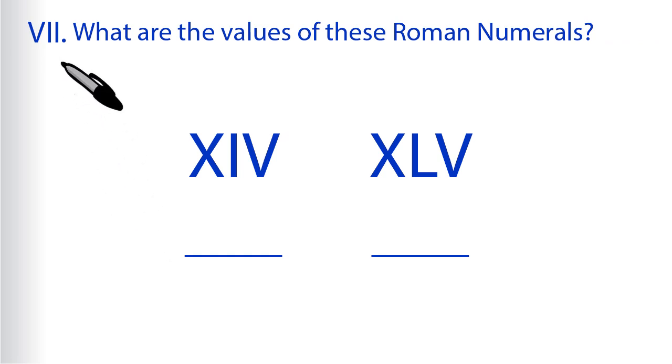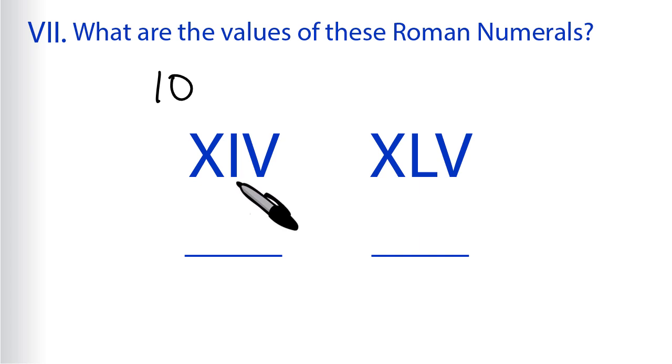For problem VII, we have: what are the values of these Roman numerals? And we're given XIV and XLV. They look very similar, but they're very different values. So let's figure it out here. It starts with X, and that's 10. And then it's followed by IV.